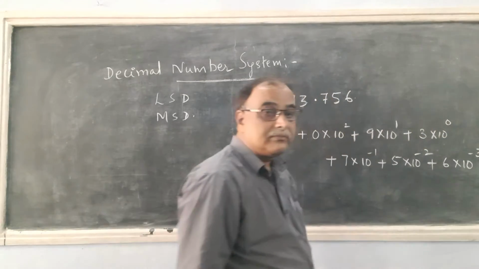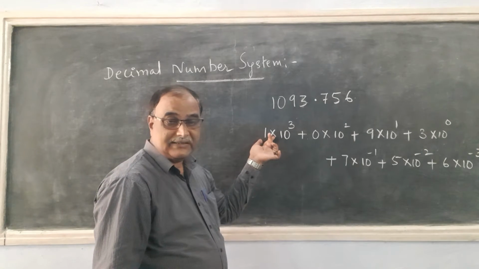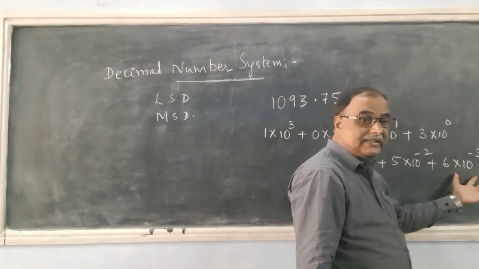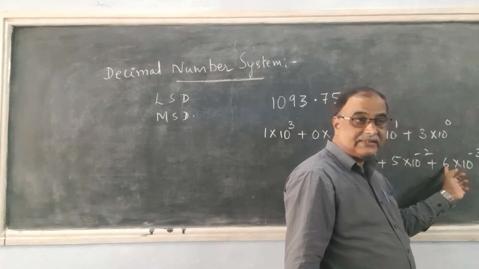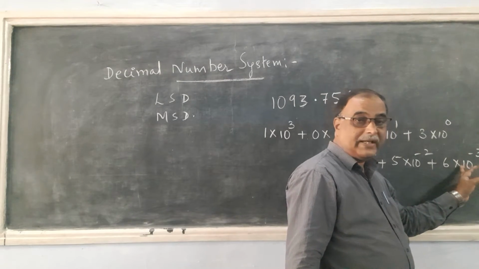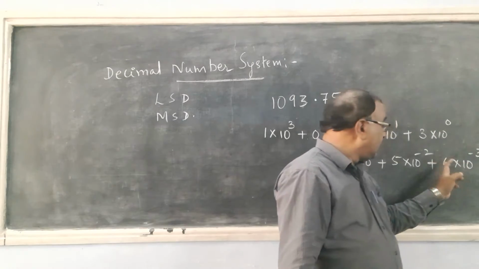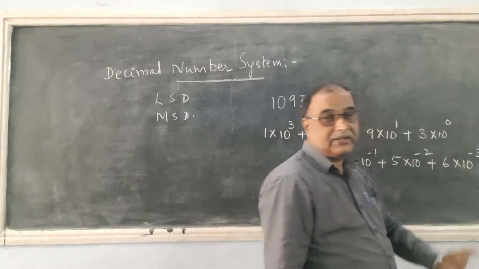So now the most significant digit remains as it was before, but the least significant digit changes. Now this number, that is 6, has the multiplier 10 to the power minus 3. So this becomes the least significant digit. So this you must know.